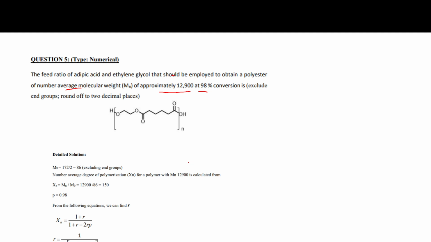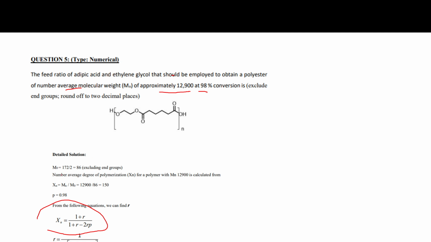For this, you have to come to the equation where the degree of polymerization is related to your reactivity ratio, and the equation will be like this: Xn equal to 1 plus R by 1 plus R minus 2RP. Here we already know how to calculate Xn.